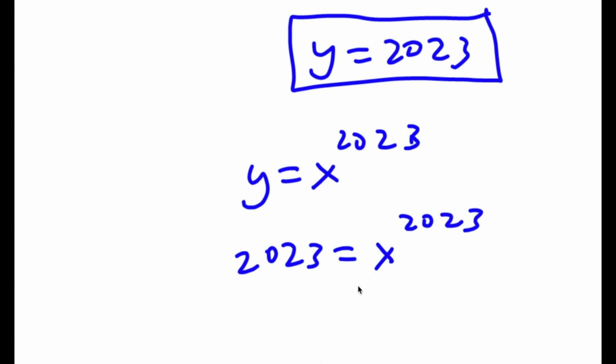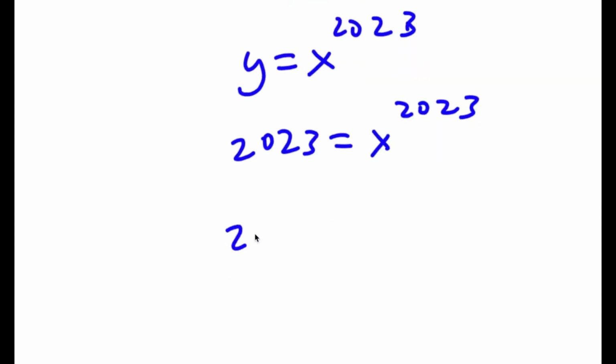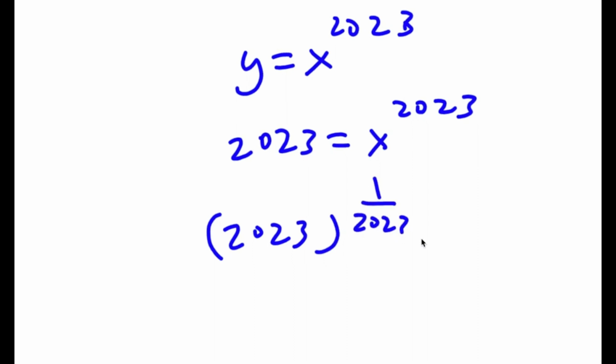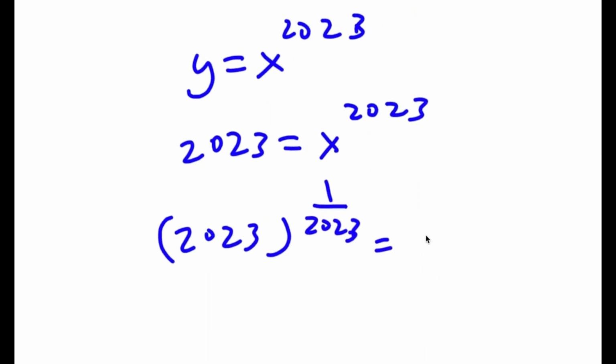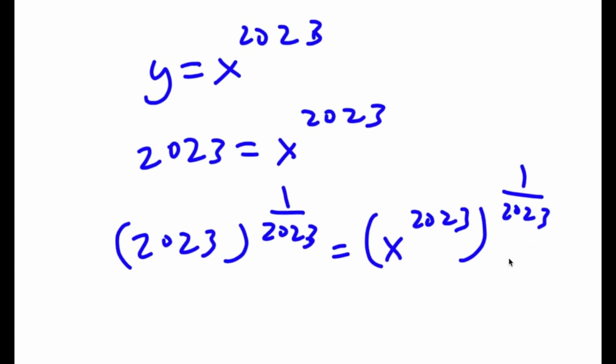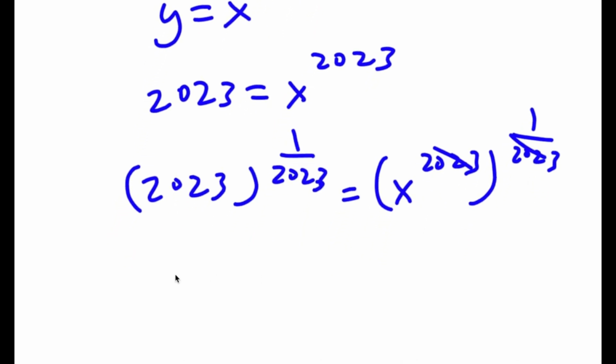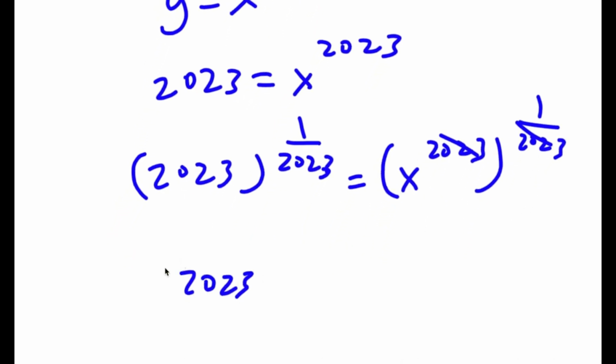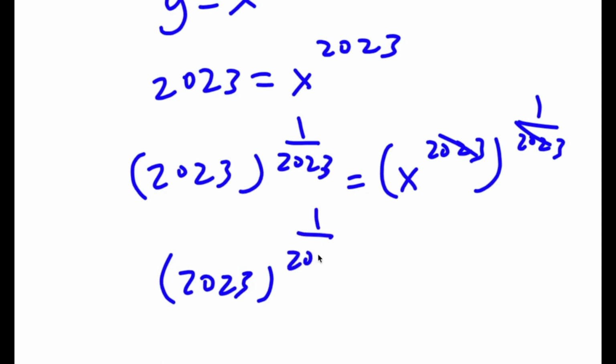Now I can take the power of 1 over 2023 on both sides. So now I have 2023 to the power of 1 over 2023 is equal to x to the power of 2023 to the power of 1 over 2023. So then these two cancel out, and I would be left with 2023 to the power of 1 over 2023 is equal to x.